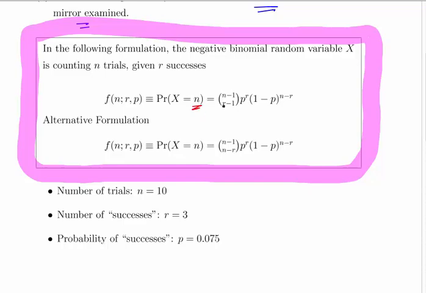So n is the number of trials, r is the number of successes, and p is the probability of that success. In such a case, this is the probability mass function: the binomial coefficient of n minus 1 choose r minus 1, times p to the power of r, the probability of success, times 1 minus p to the power of n minus r.